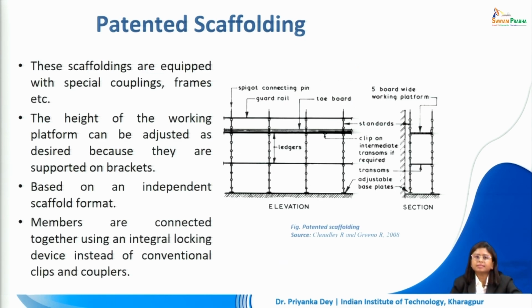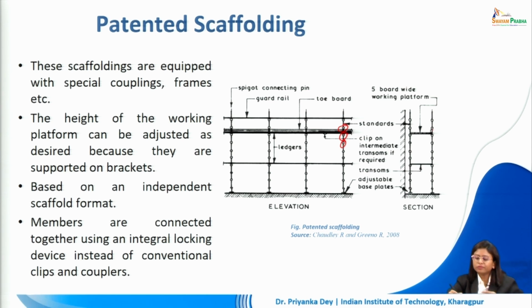Now patented scaffolding are a type of metal scaffolding in which special couplings and frames are used. So here what we do is we are connecting the standards and the transoms with the help of special type of metal members which have been patented. Now the height of the working platform in this case can be adjusted as desired because they are supported on brackets.